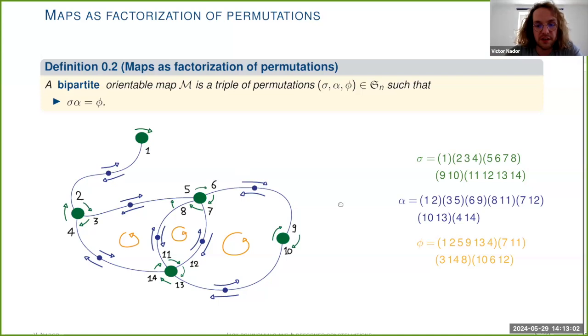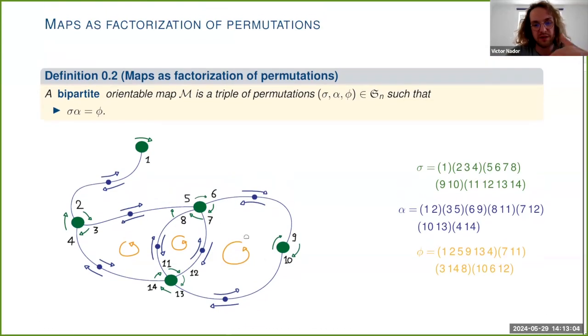And so typically in my previous example, I counted maps with a weight on the faces, which would correspond to having an infinite set of variables to count the length of the cycles of phi. But you can also add other infinite sets of variables to describe the distribution of the green vertices and the blue vertices.